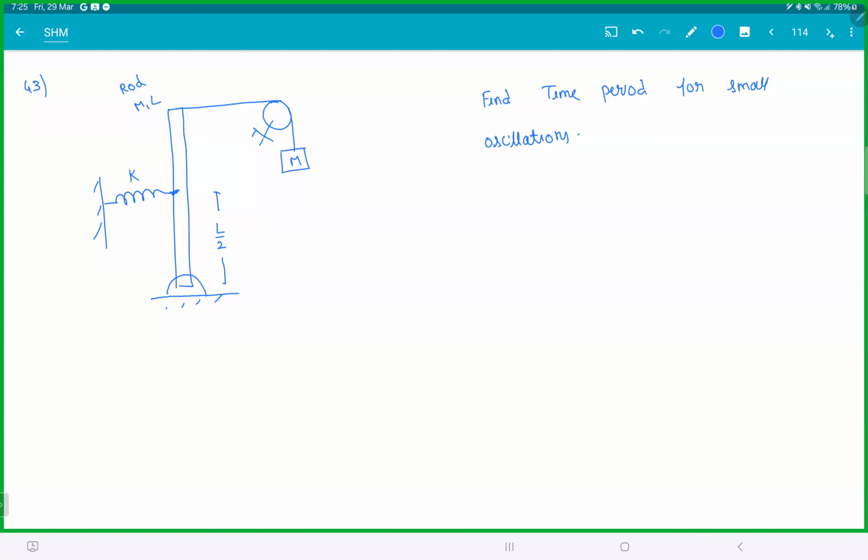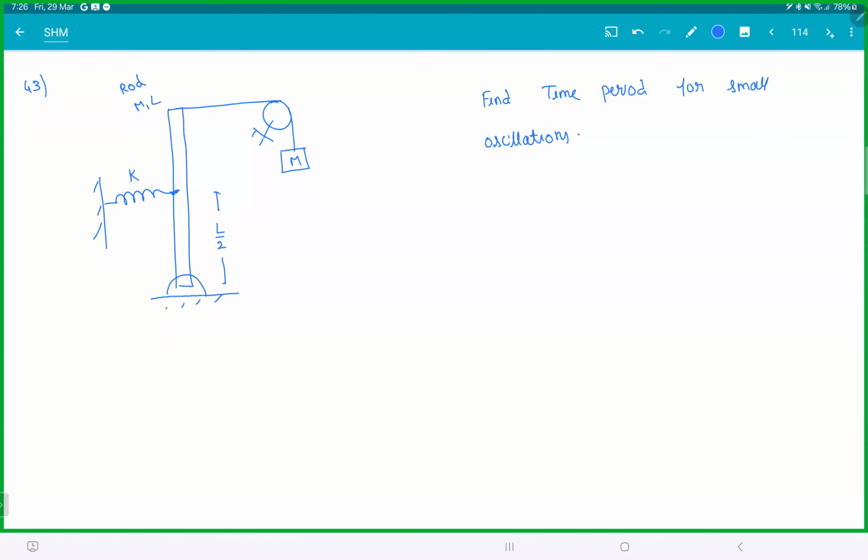Here, be careful: the torque of mg changes.